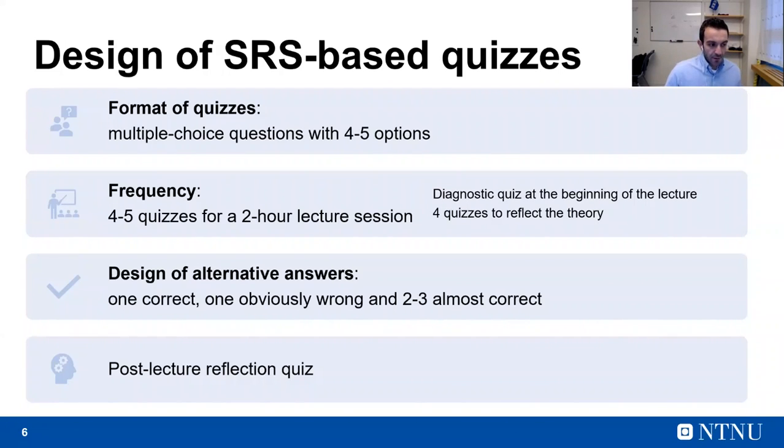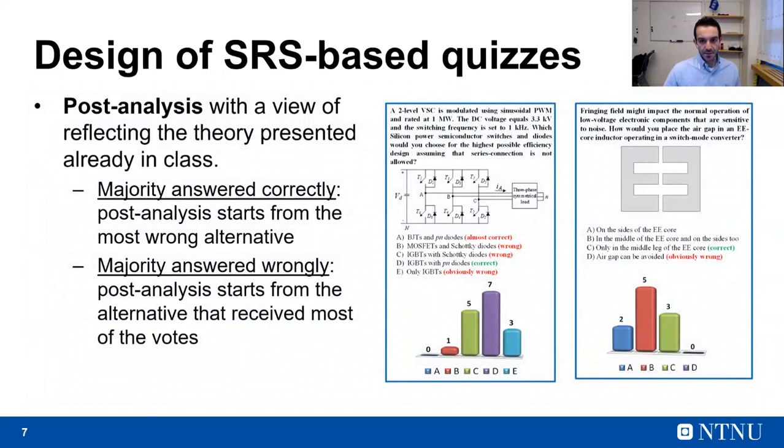So now I will give you 2 examples of these questions and the answering pattern of the 2 questions. If you see the figure on the left-hand side of the slide, you see 5 alternative answers. One is very correct, or the correct one, and there are two almost wrong or almost correct and two wrong.